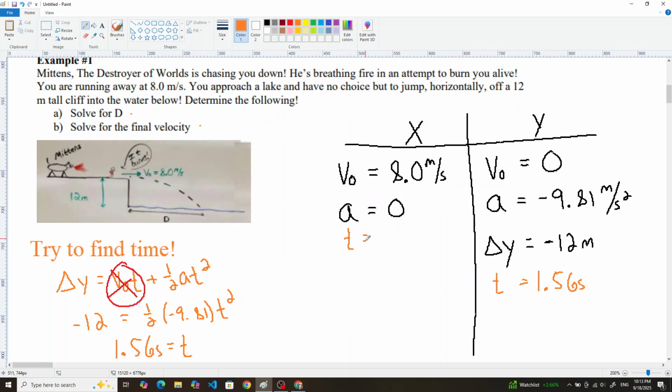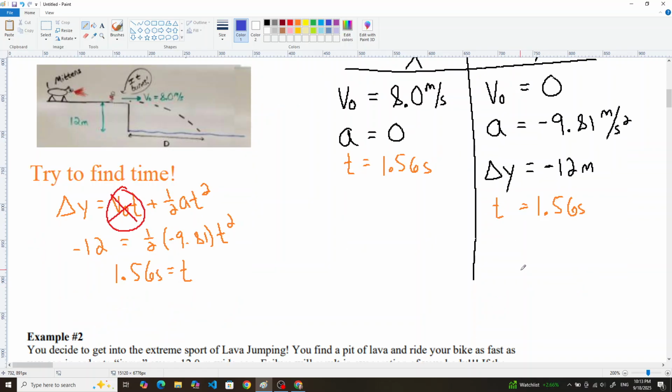Now, that's very valuable because time can cross the physical dimensions x and y. So, I now have a new piece of information for the x direction, even though I solved time using y direction values. Now, what's going to happen with the x direction is your three equations, there's only one that ever works for the x.